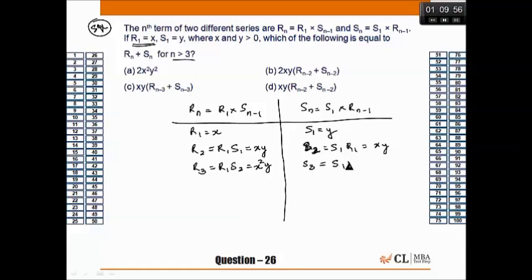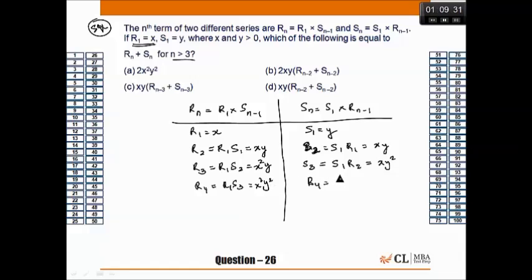S1 into R2. S1 is Y, Y into R2 is XY, so XY square. R4 is R1 into S3, X into XY square, so that makes it X square Y square.